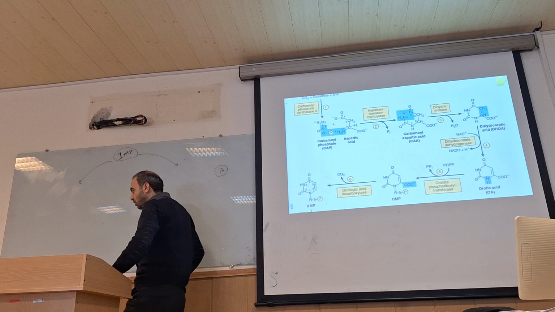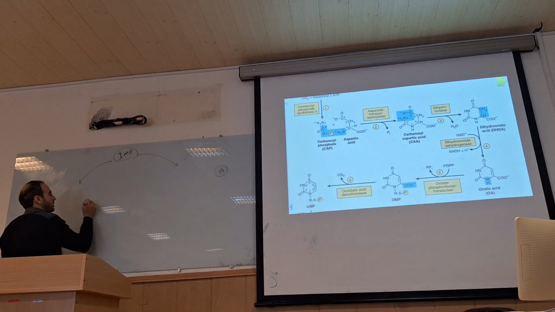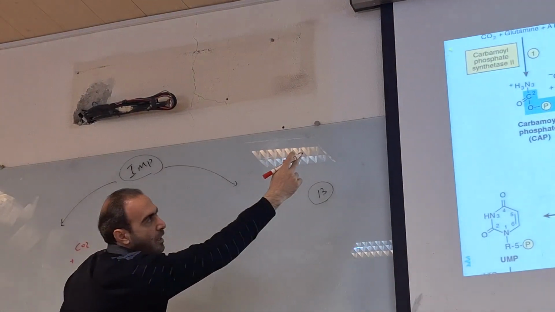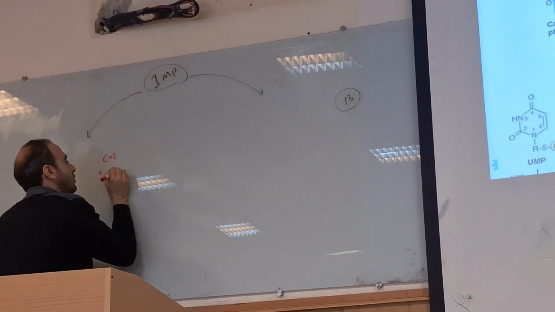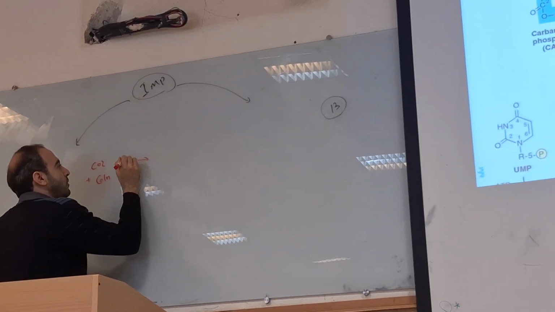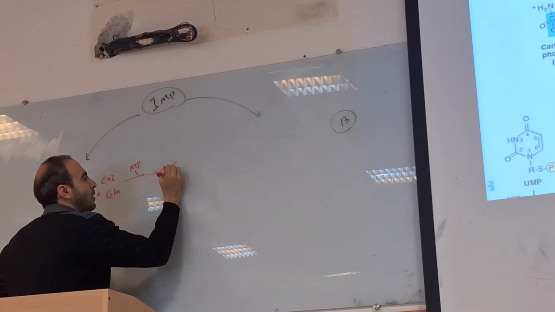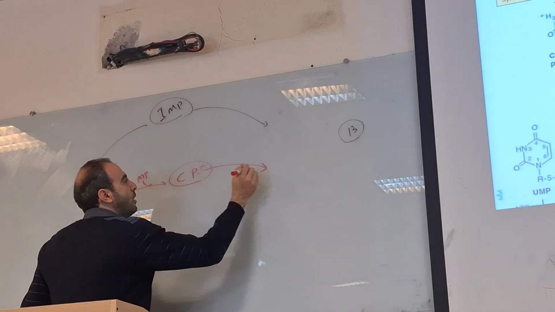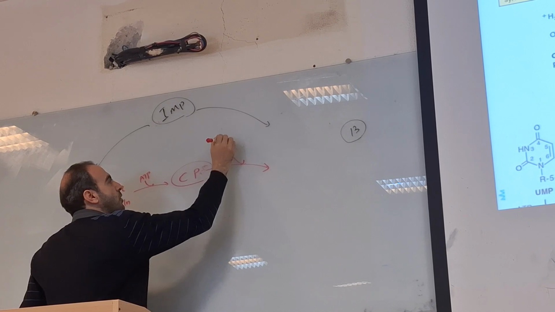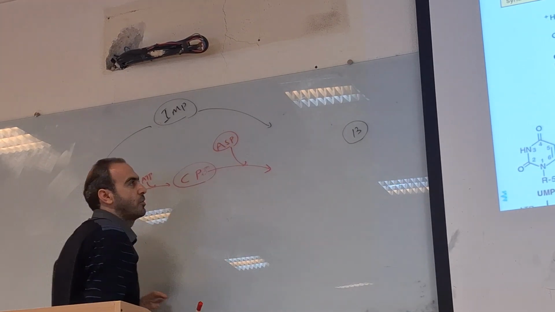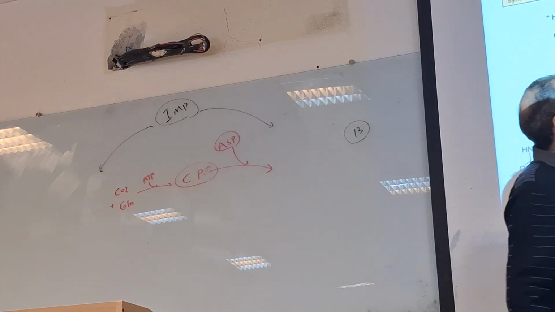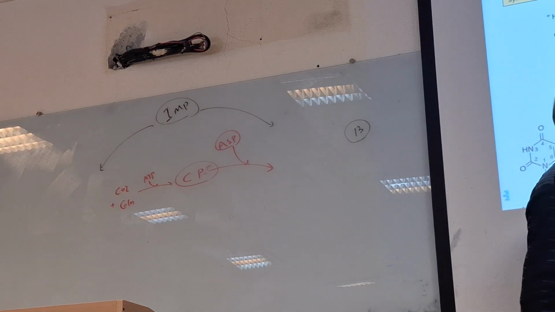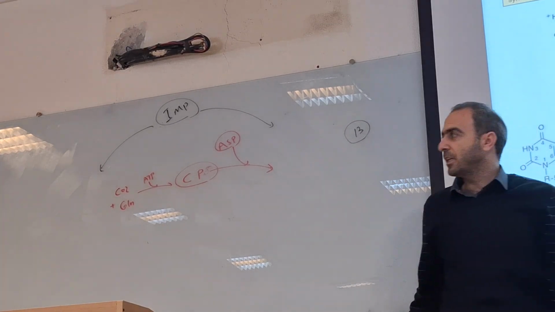For pyrimidine, we need carbamoyl phosphate. First of all, we have CO2 and glutamine, and by using ATP we produce carbamoyl phosphate. Then carbamoyl phosphate receives aspartate through aspartate transcarbamoylase, or carbamoyl aspartic acid transferase, which produces orotic acid for us.